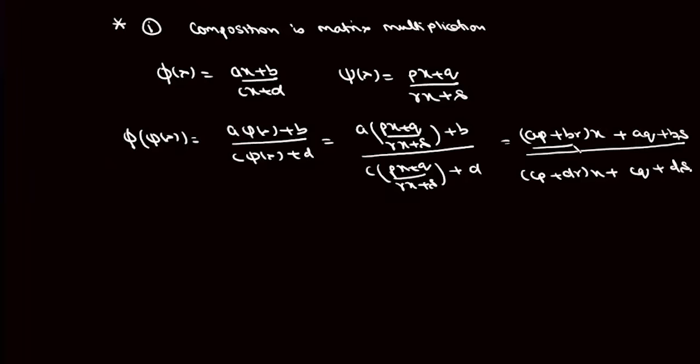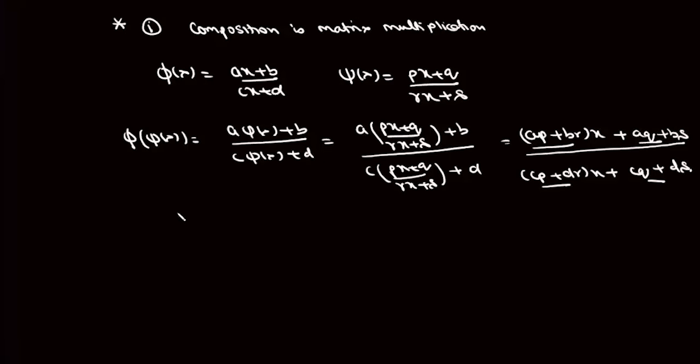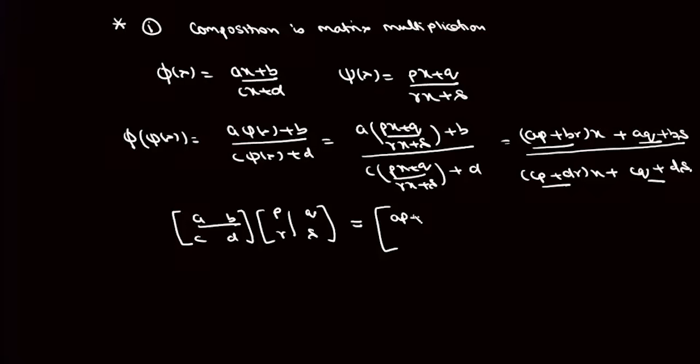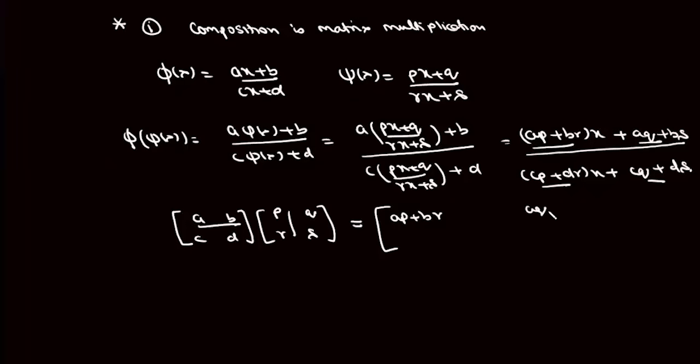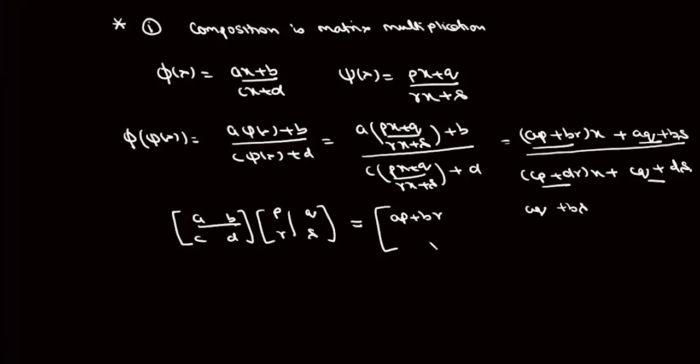If we look at these new coefficients, and consider a, b, c, d and p, q, r, s, then if we multiply them, it will be ap plus br, aq plus bs, cp plus dr, and cq plus ds, which is exactly the coefficient matrix on the right hand side.